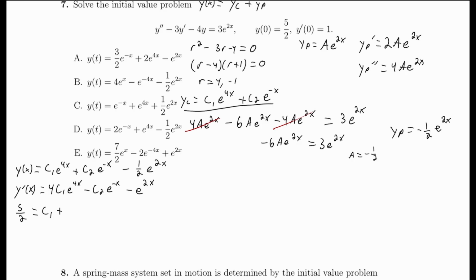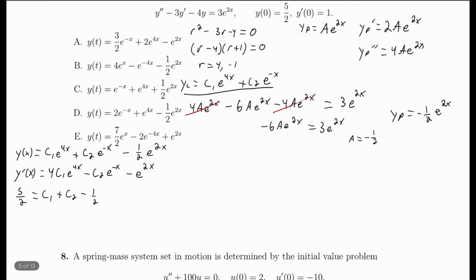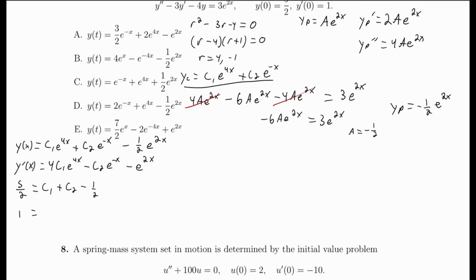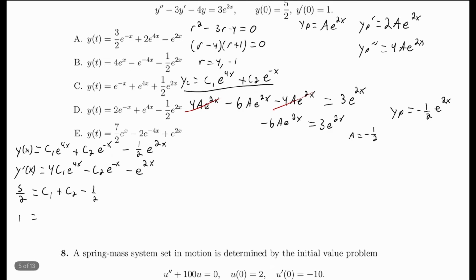Same thing on this one, c1 plus c2, and then minus 1/2 times e to the 0 is 1, so c1 plus c2 minus 1/2 is equal to 5/2. And then for our y prime, we'll get a 1 on the left-hand side, and when we plug in 0, we'll get 4c1 times 1 minus c2 minus e to the 2 times 0, which is e to the 0, which is 1.